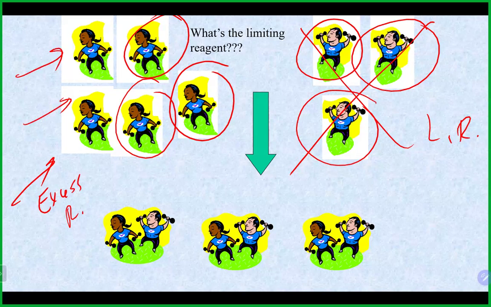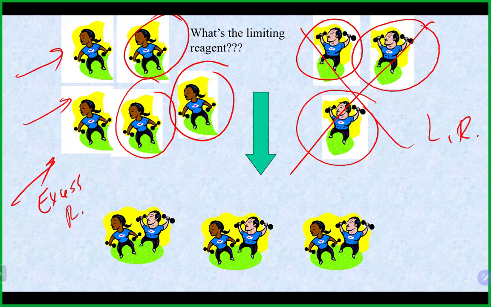So those are really, really common questions that are asked in limiting reagent problems, which is how much product you're going to make, which is based on the limiting reactant, and how much of that excess reagent, for example, is still left over at the end of the reaction. By the way, when you do a limiting reagent problem, as we will talk about, in order to determine which one is the limiting reagent, you do actually need to do a calculation.